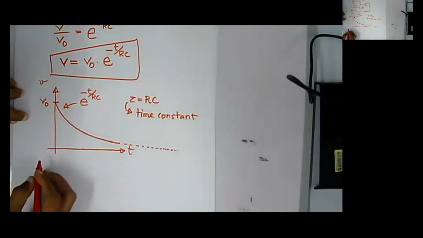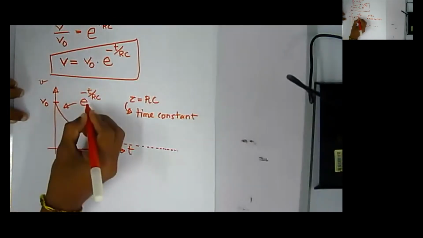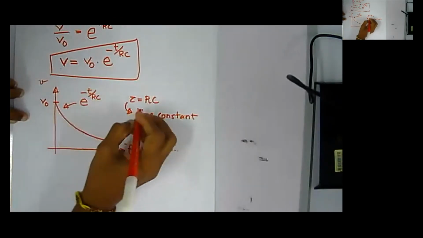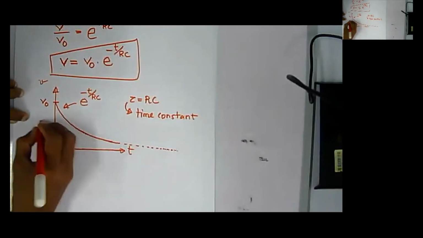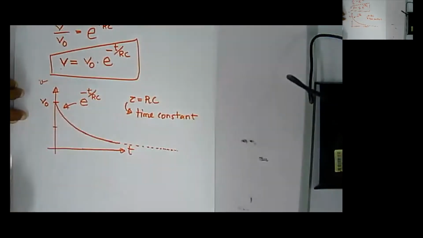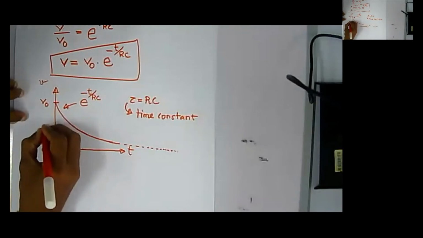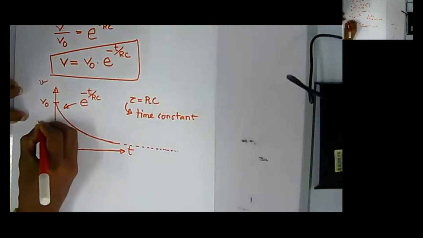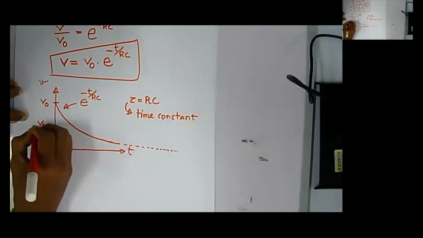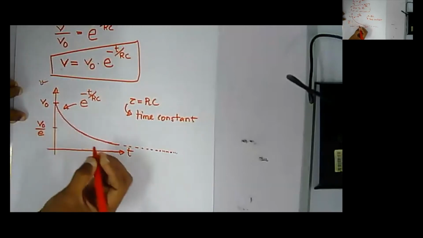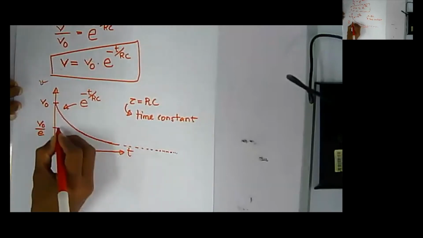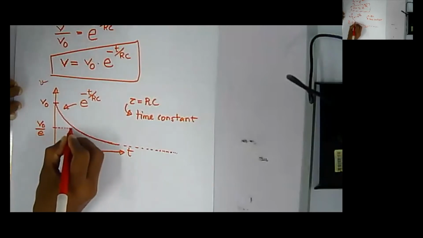So if t becomes RC, this will be V naught by e, where e is about 2.71. So 1 over e means V naught by e, with e the natural number.